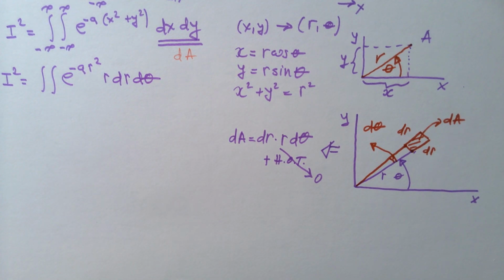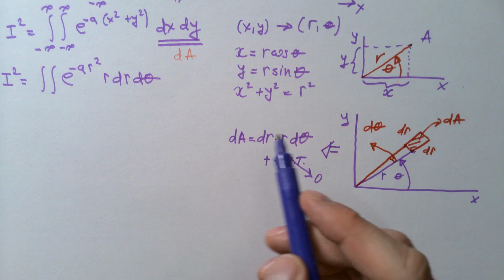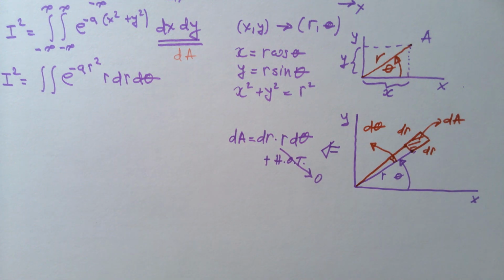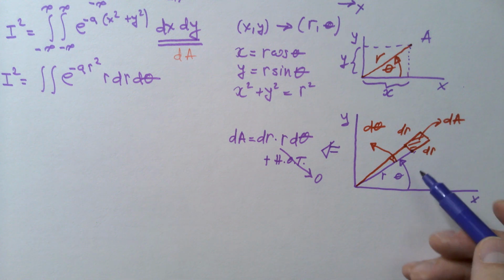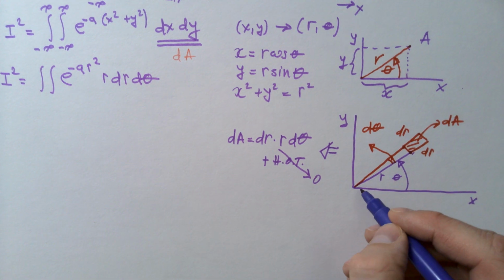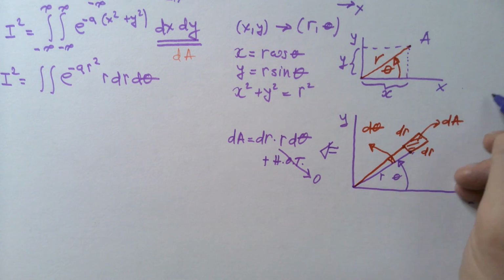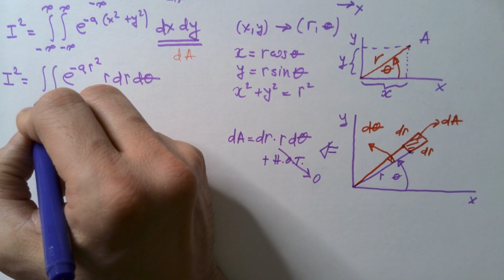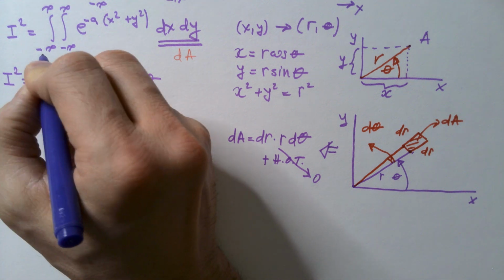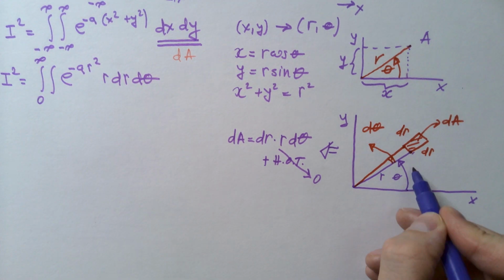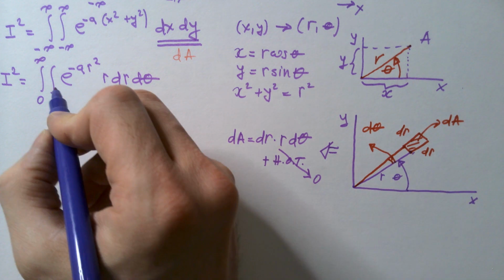Now what are the limits? Well, we need to cover the entire 2D plane, and in the polar coordinate system we can easily do it if we allow r to vary from 0 all the way to infinity, and theta to go from 0 all the way to 2 pi.